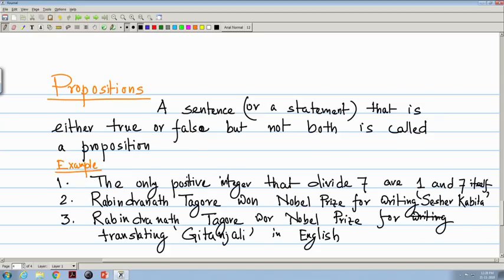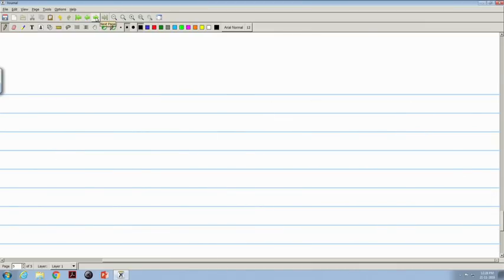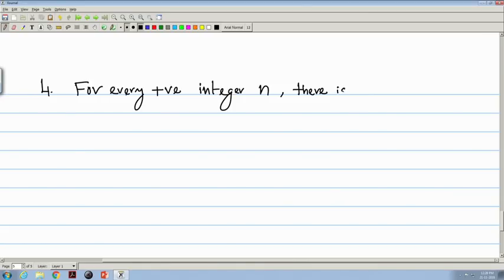We see some more examples. Fourth statement: for every positive integer n, there is a prime number greater than n.